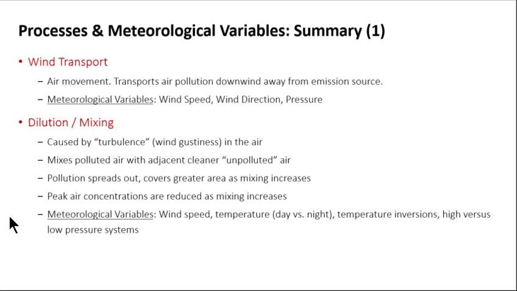The meteorological variables at play with dilution are wind speed, temperatures, whether it's day or night, for example, temperature inversions, and high and low pressure systems, which again drive the wind and may enhance or promote more gustiness in the wind that can dilute pollution.